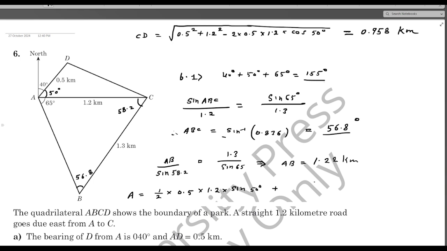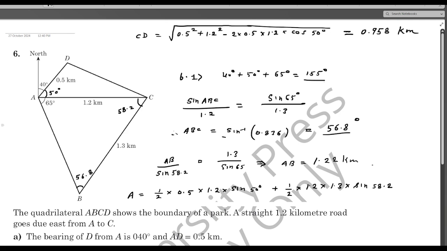I know all the lengths and all the angles. So if I use this angle C, I will say that half times 1.2 times 1.3 times sine of 58.2. Okay, this is your area. So let us calculate total area. It is 0.5 times 0.5 times 1.2 times sine of 50 degree, plus 0.5 times 1.2 times 1.3 times sine of 58.2.